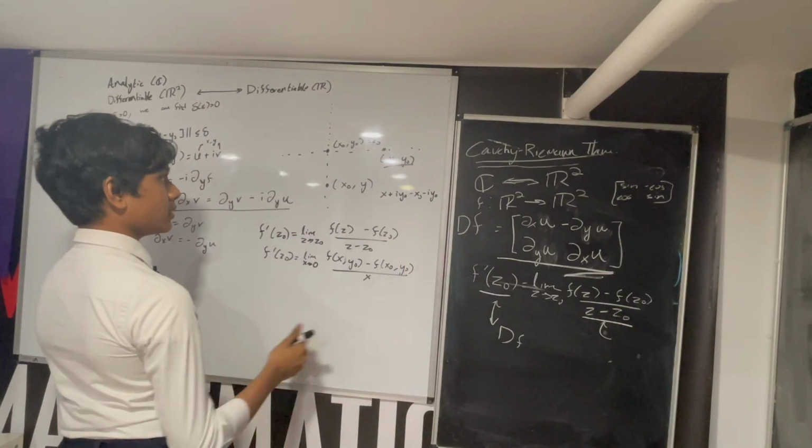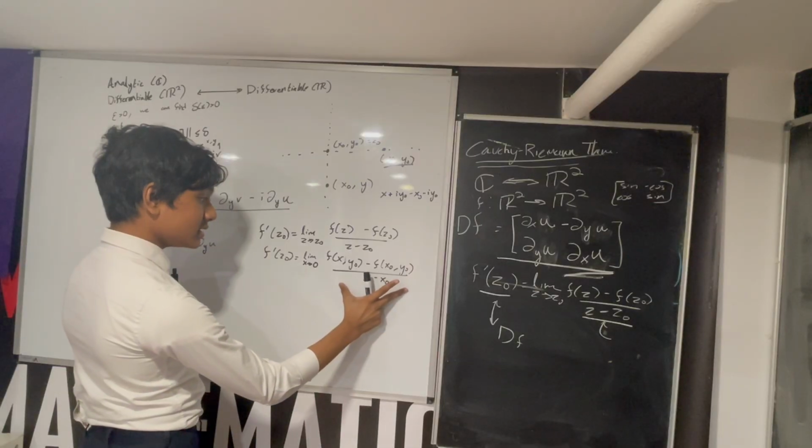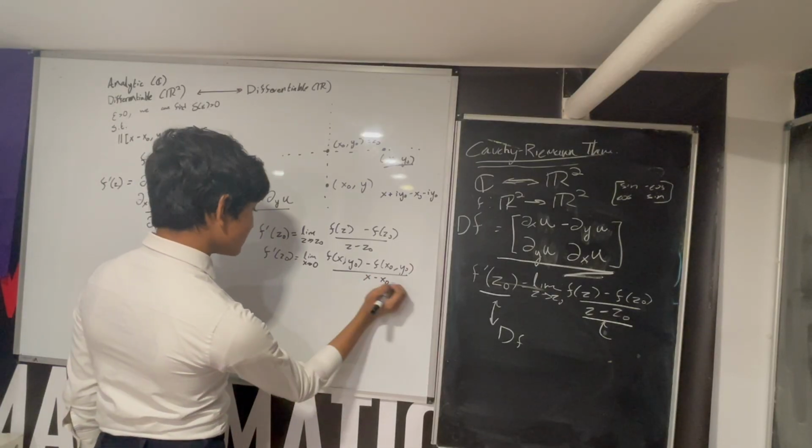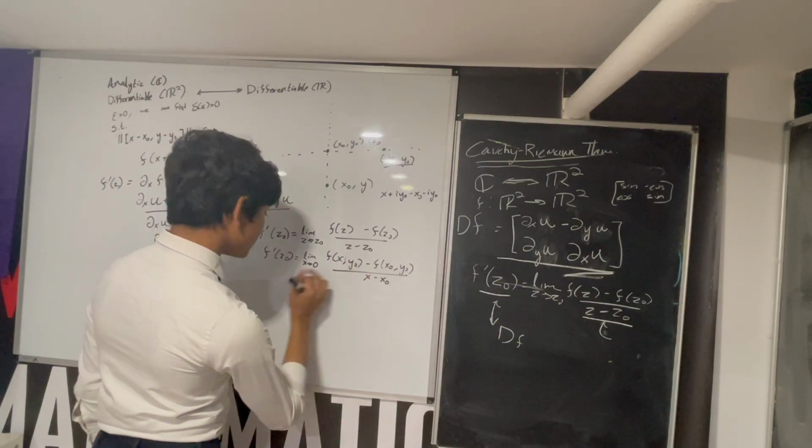Wait, so shouldn't it be x minus x naught? And actually, as you can see, this is essentially just taking the partial derivative with respect to x.